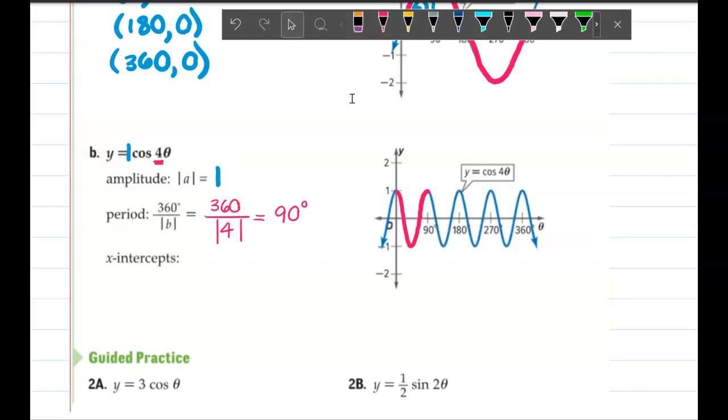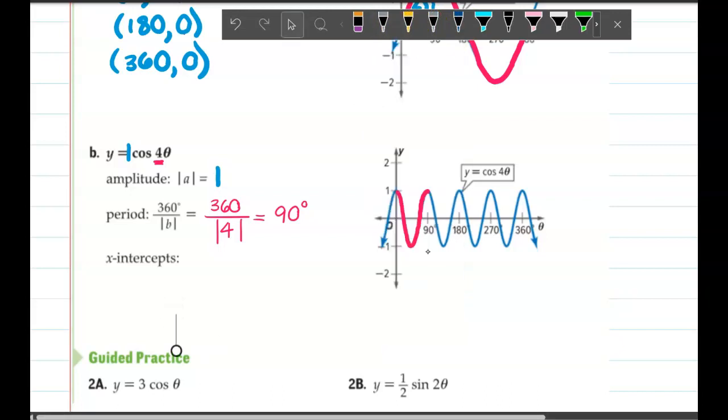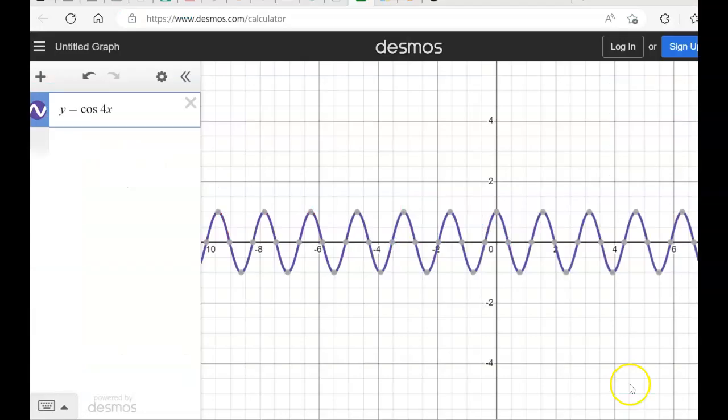So you can see the period there. And again, the amplitude is 1. If we're looking at the x-intercepts, we can see that it crosses right here and right here, which is a little tricky to read on this graph.